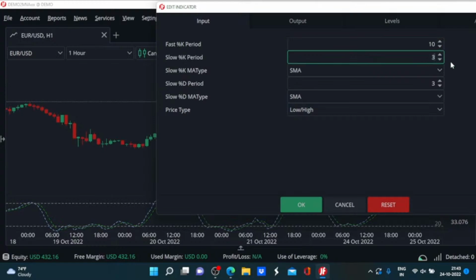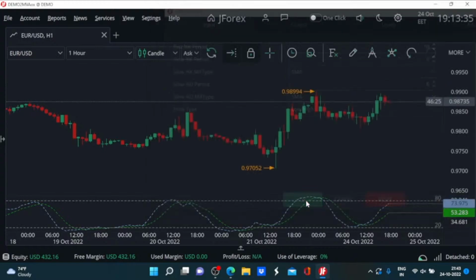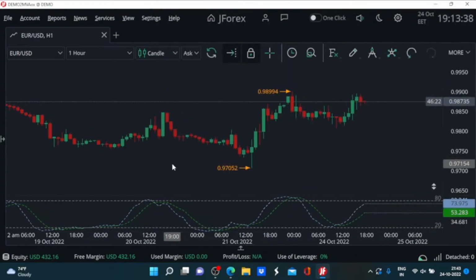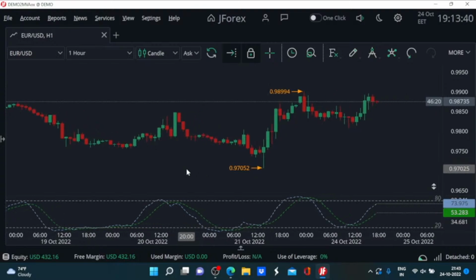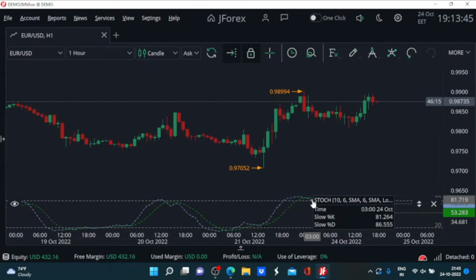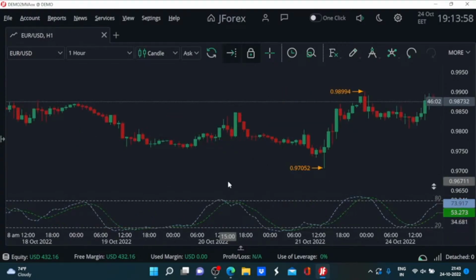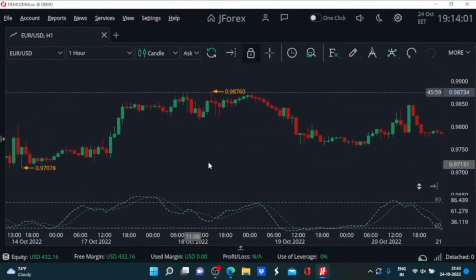Let's try out the combination of 10, 6, 6, and you observe that there is going to be a lot more smoothing in the output when we are relying on this stochastic. Now, instead of too frequent changes in the crossover, we have this crossover happening less frequently, and I think the stability factor is also there.